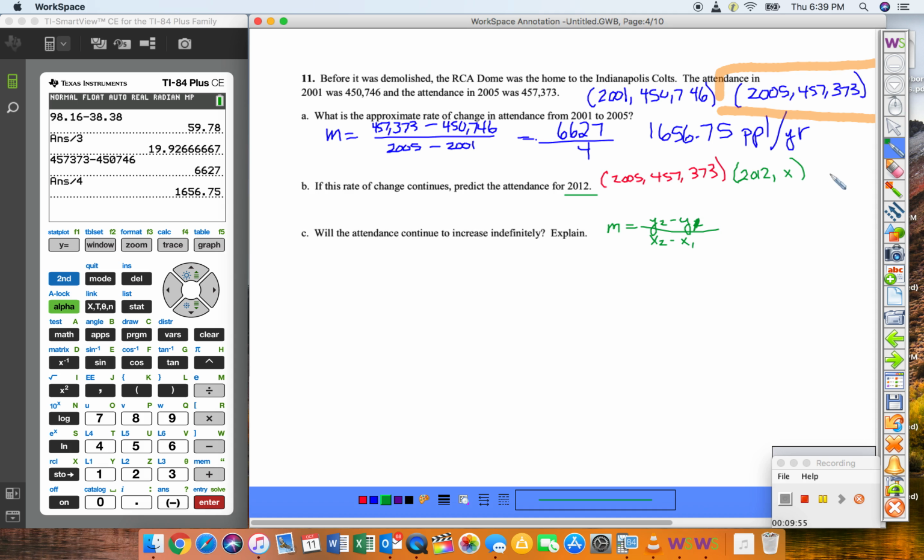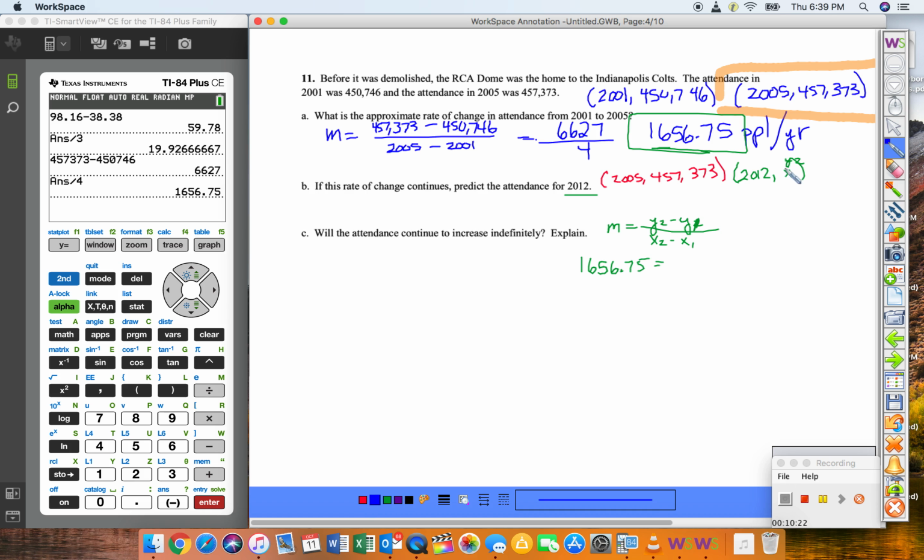And we actually know all of these except for one. We don't know y2, but we know y1, we know x2, we know x1, and we actually do know the slope. The slope was this, right? So we can substitute the slope in for m, which is 1656.75. That's going in for m.